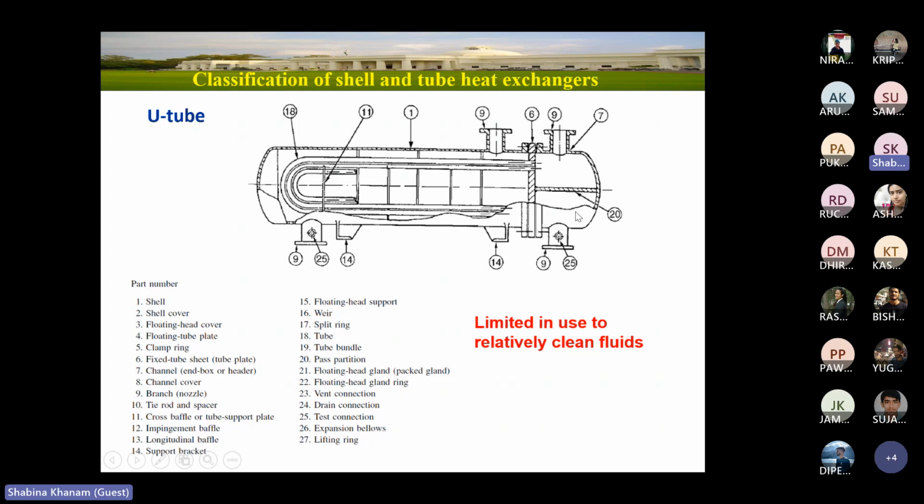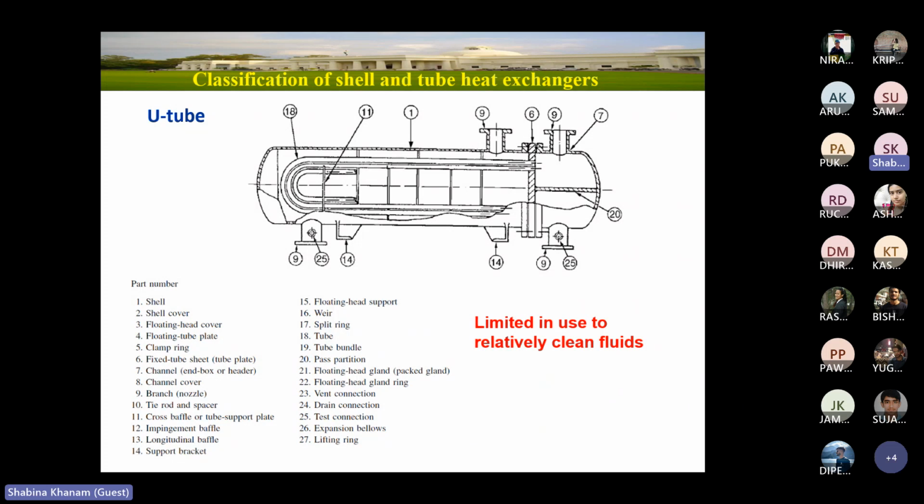So when will you choose this U-tube? A U-tube suits fluids with a very low dirt coefficient, sorry, dirt factor. How can you identify that? Based on the dirt factor table, if the dirt factor given for the fluid is less than the range given in that table, you can allocate it to the tube side if it is at high temperature.